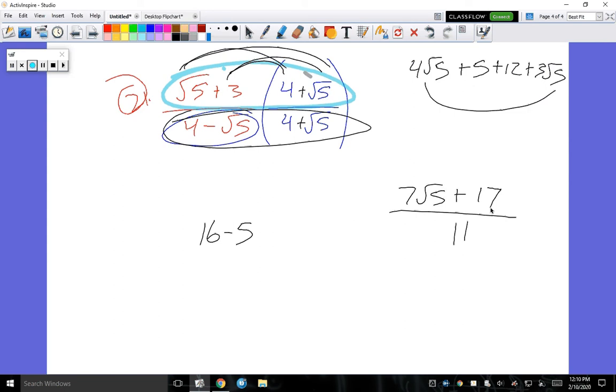Your goal from here is to identify that you have two islands, if you will, two monomial terms up top. You have one on the bottom. Can you pull something out GCF that you will be able to cancel with this 11? Yes or no? No. So then you know right there it's good enough. You with me? Questions? Let me show you this. What if this was 17?